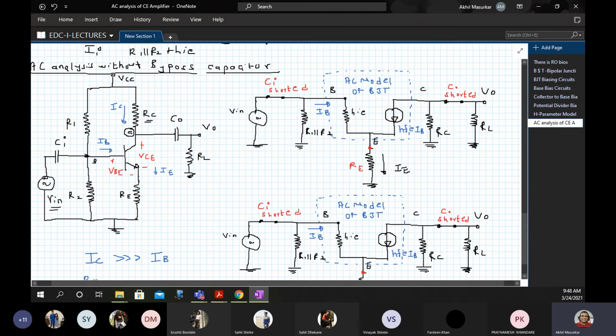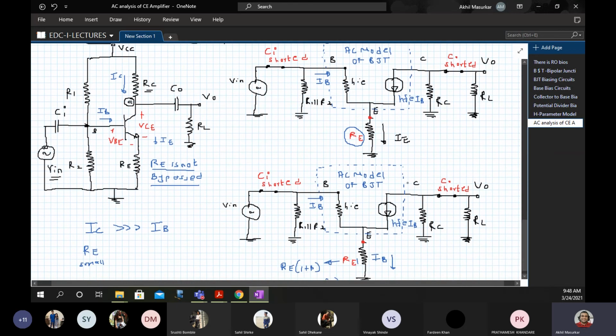Here you can see that RE is not bypassed. If RE is not bypassed, then this RE will appear in the AC equivalent. Previously it was shorted, now it is not shorted.